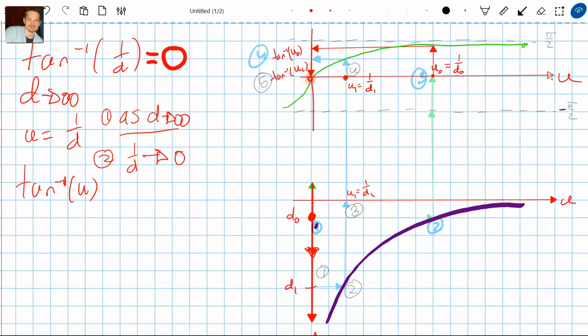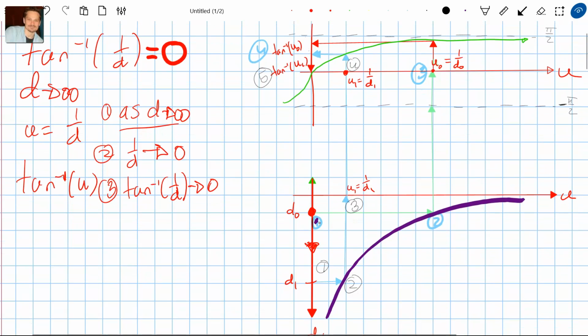It's approaching 0, you see? Lastly, tan inverse of 1 over d also approaches 0. So let me put the arrow over here. So that's also approaching 0. And that is again a statement about the fact that these values approach 0 over here. So in one comprehensive fluid motion, I would describe it this way. As d approaches positive infinity this way, the output approaches 0 this way, and then the output on this axis approaches 0 this way. And that is what this 0 represents.